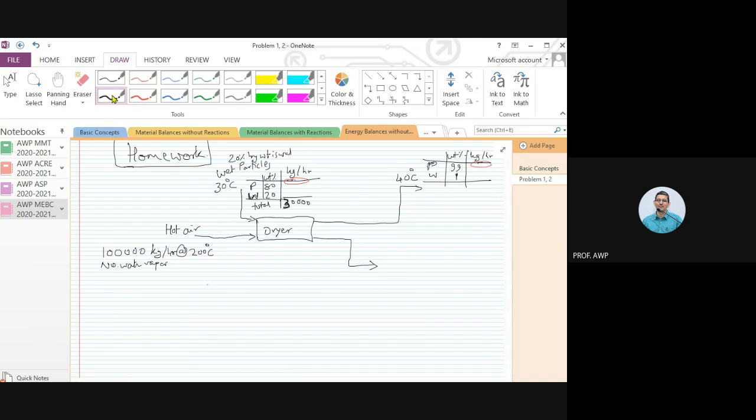So this air will get cooler, meaning its temperature will be less than 200 now. And it will get more humidified because it will now have water vapor.